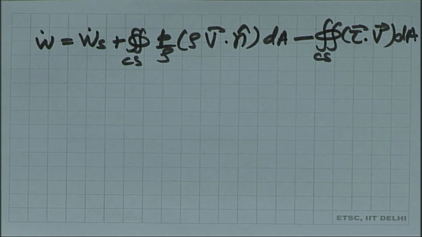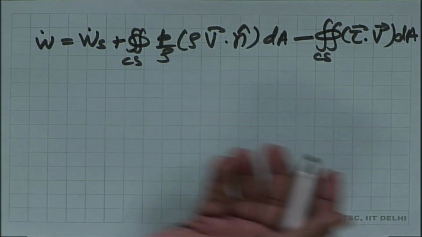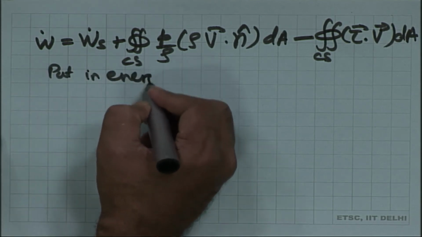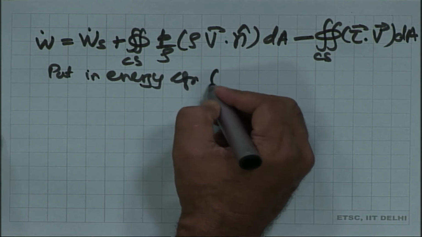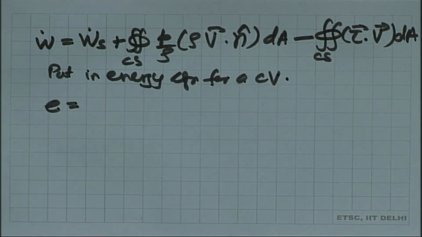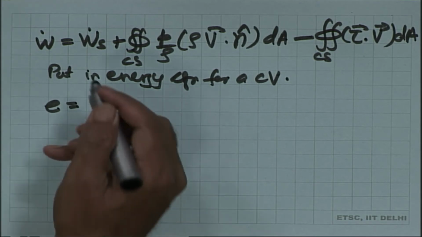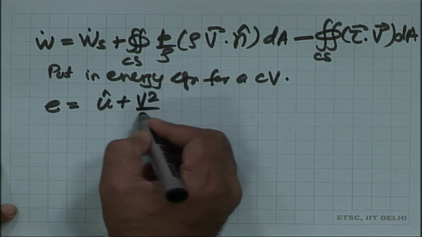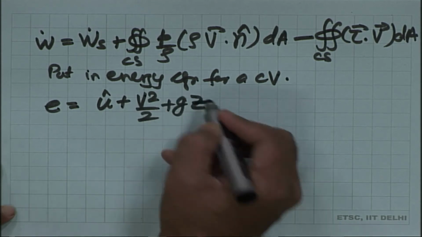This is the total work done. Now, we put this in the energy equation for a CV, and we also notice that the specific energy was u plus V square by 2 plus gz.